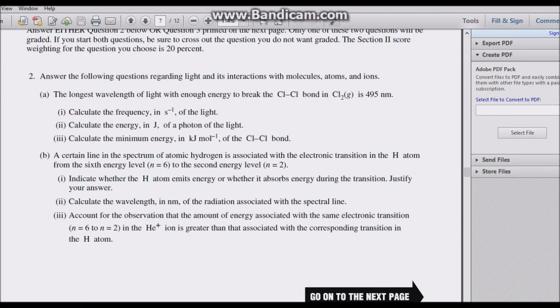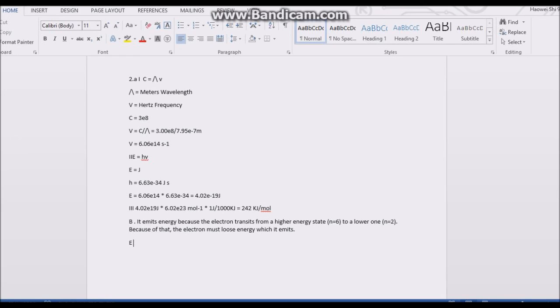Now we need to calculate the wavelength in nanometers of the radiation associated with the spectral line. So I'm going to introduce a new equation in this formula. So E of orbital is equal to negative constant divided by n times n squared.